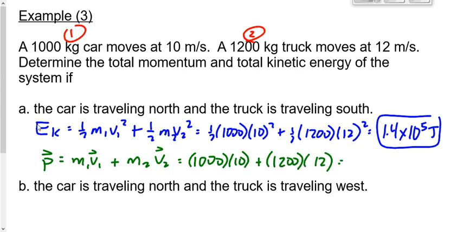Is that right? No, it's got to be negative 12 because it's south. We multiply those together, we get negative 4.4 times 10 to the 3 kilograms meters per second, or we could have said Newton seconds. That would have worked as well.